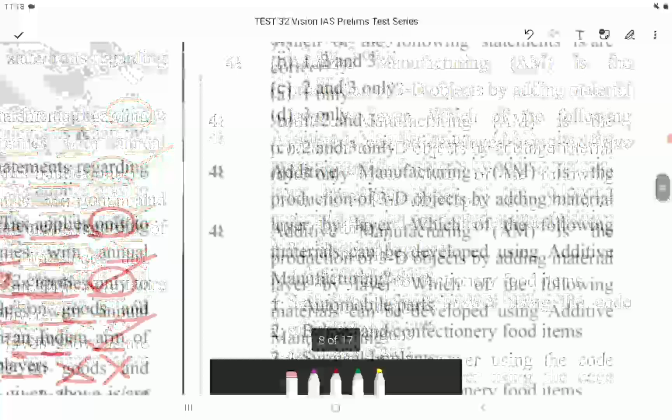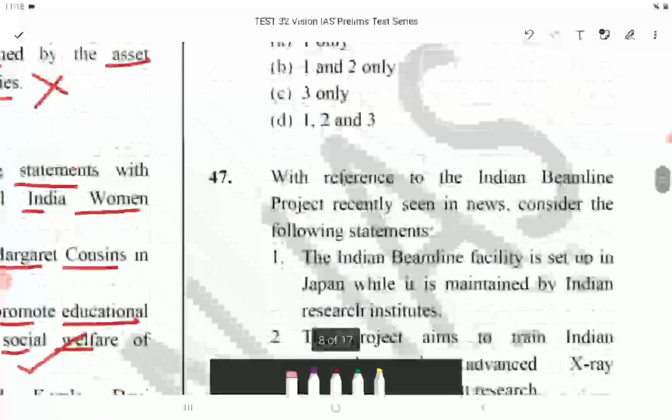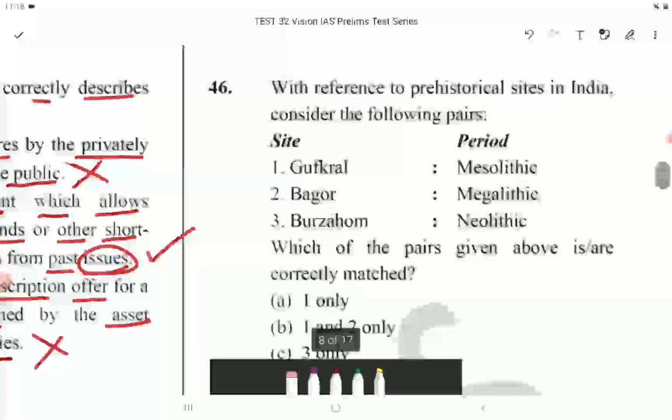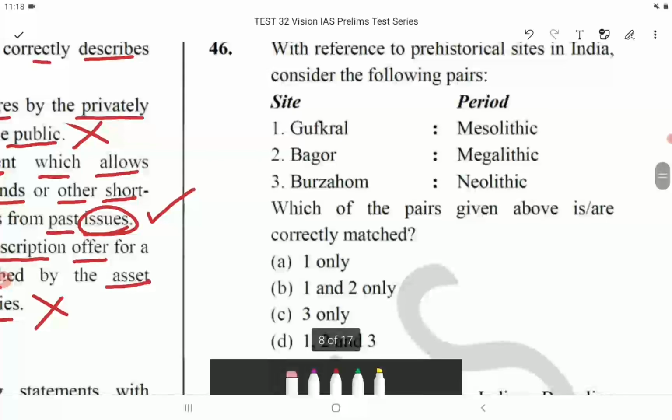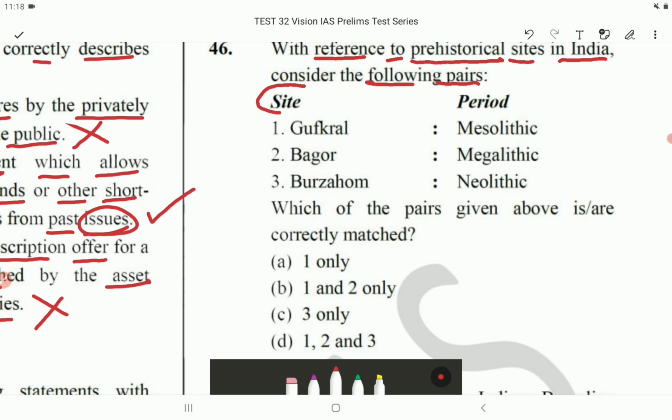That is question number 46. With a reference to prehistorical sites in India, consider the following pairs. On one side we have site and on the other side we have the period where it belongs to.